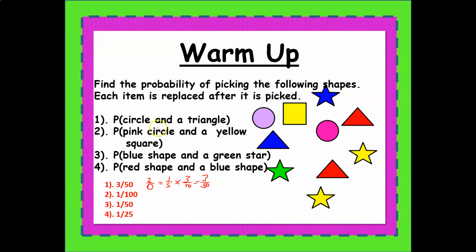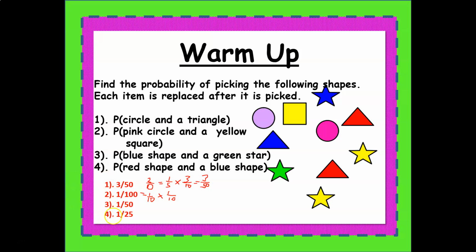What about a pink circle and a yellow square? So we would take 1/10, because there's only one pink circle, times 1/10, because there's only one yellow square. And that gives us 1/100th.